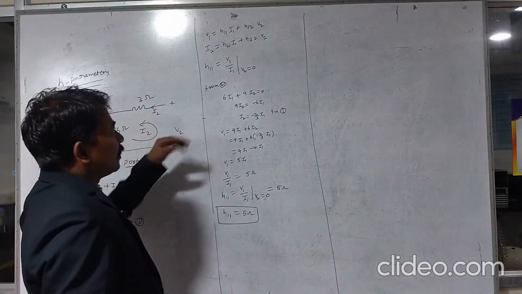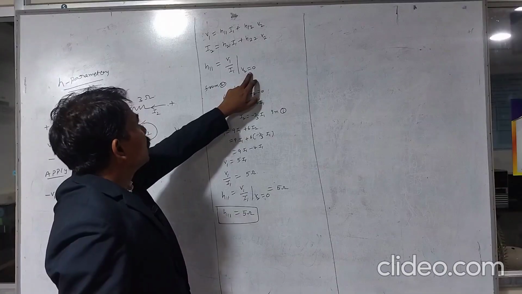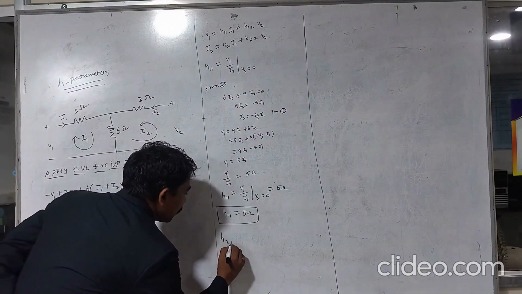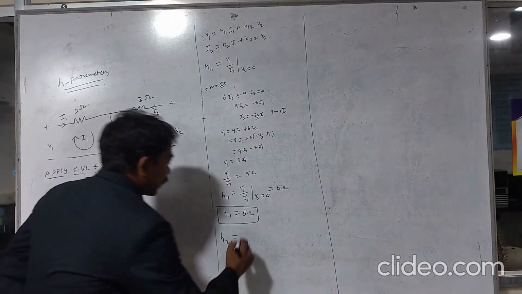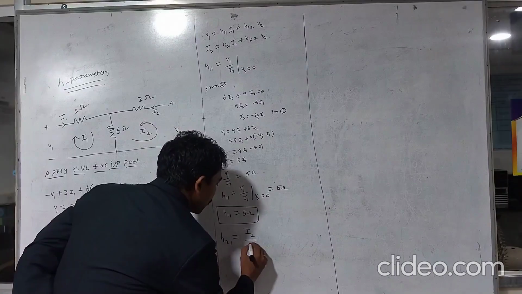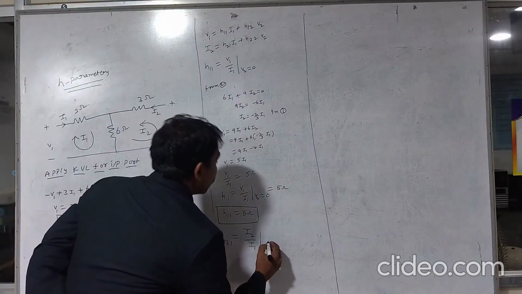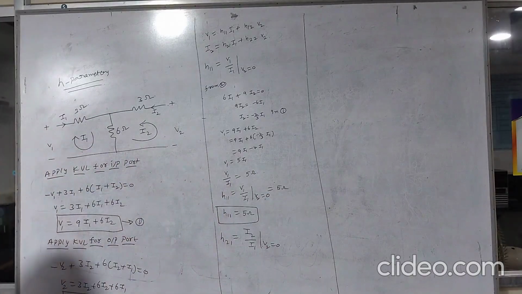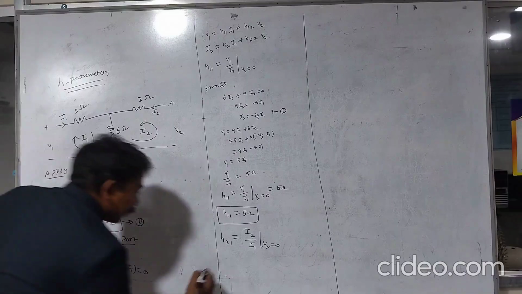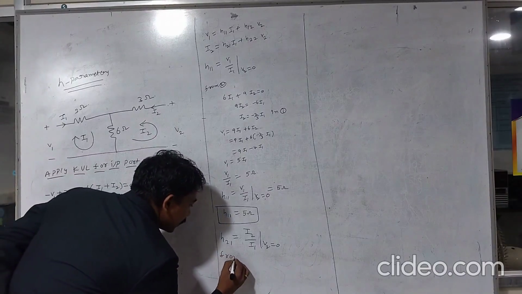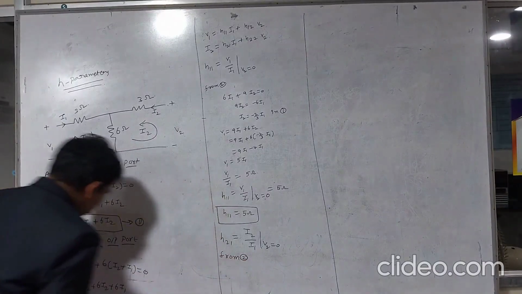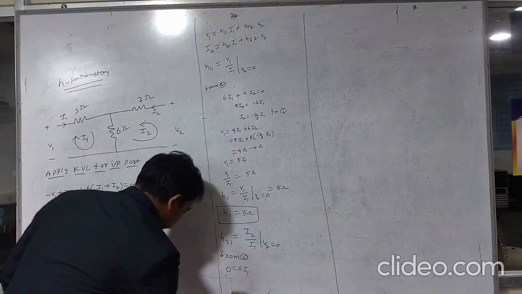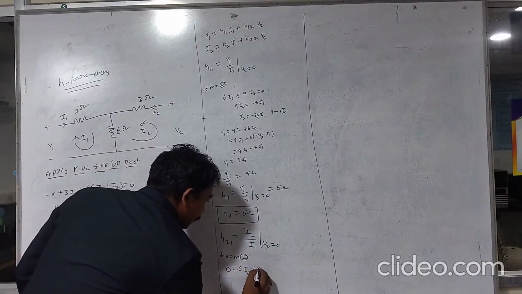So by taking the same condition V2 equal to 0, you can determine H21 also. Where H21 is nothing but the forward current gain, I2 divided by I1, where V2 equal to 0. So by placing V2 equal to 0 in the second equation, 0 equal to 6I1 plus 9I2.